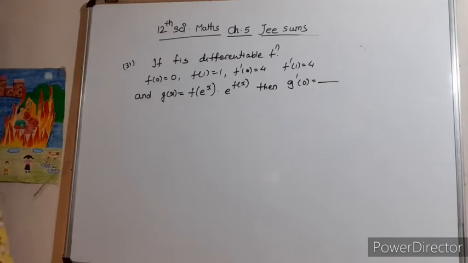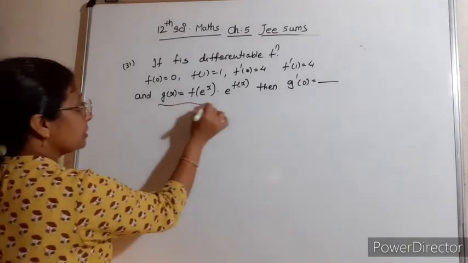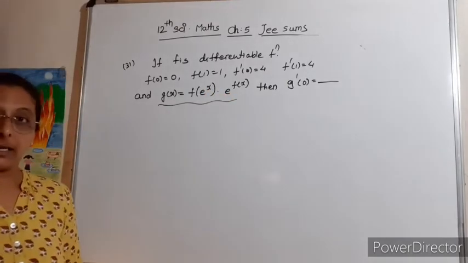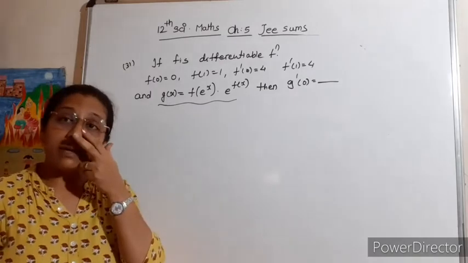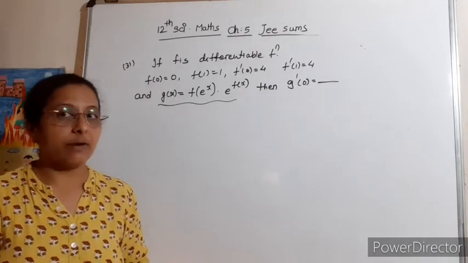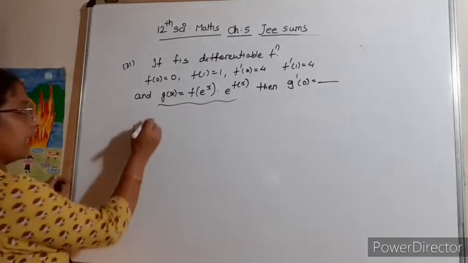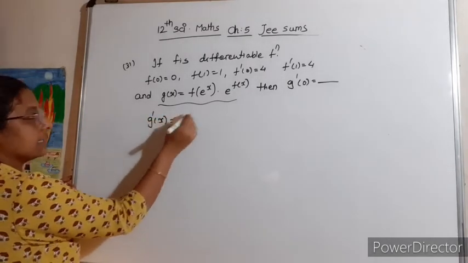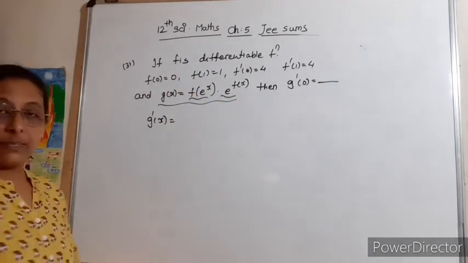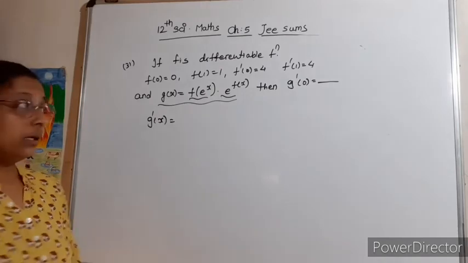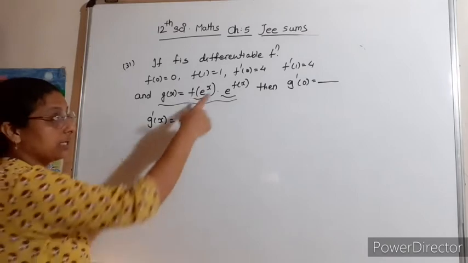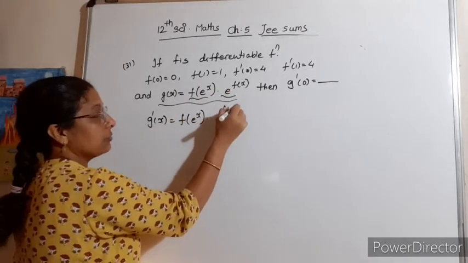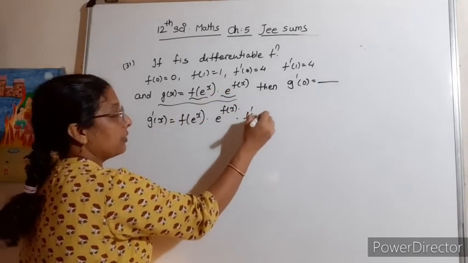You have to find g dash 0. So first of all, for the given g of x, you will find g dash x, the derivative with respect to x. Here there are two functions, so we'll use the product rule. First, f of e raised to x is constant, so the derivative is e raised to f of x into f dash x.